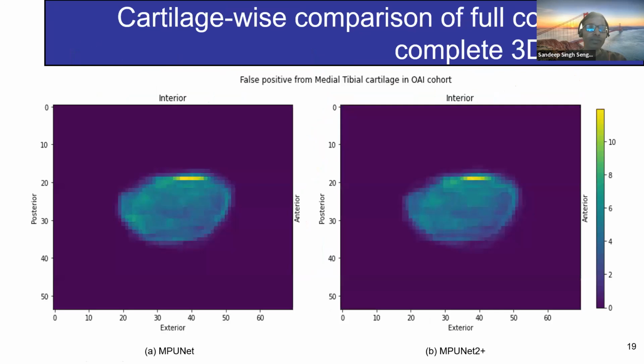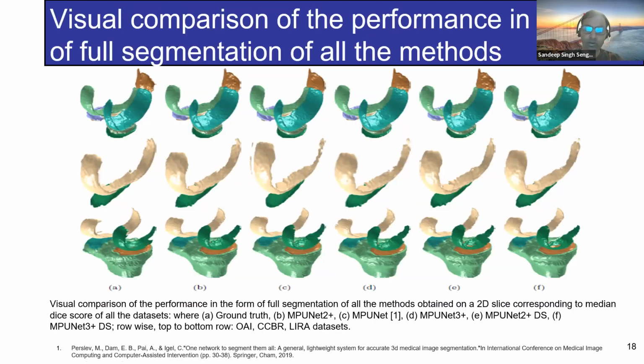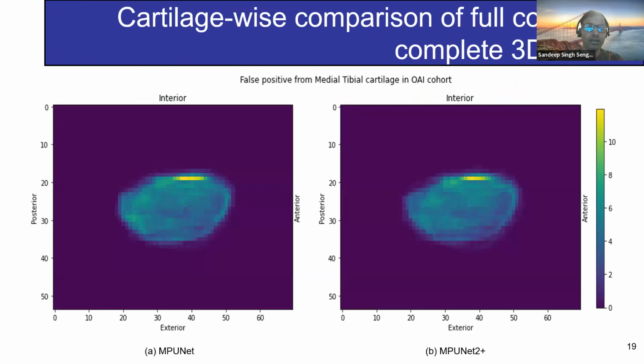So this is the way we can prove it, but as we are working on 3D scans, here we have shown the output for the 2D image. It would be better to show the output as a 3D image, but it is very difficult to visualize the errors in a 3D image. So what we have done is calculate the number of false positives from each cartilage of each cohort.